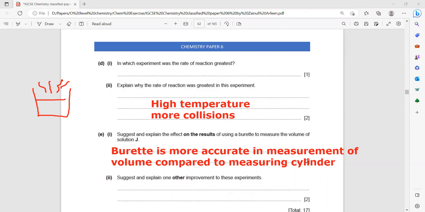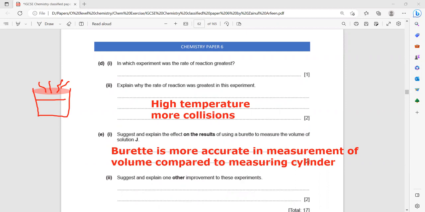If we want to prevent the mixture from losing energy to the surroundings, we can use insulation, we can put a lid. We can use a container with insulation, or lag it, using lagging or insulation.